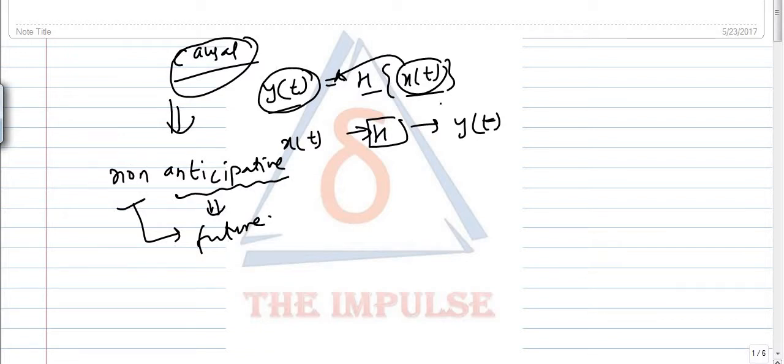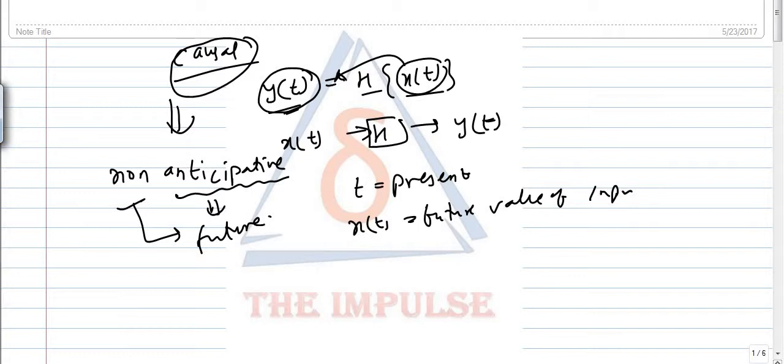Take any present time t. If my output does not depend upon the future value of input, then under that condition the system H, with output y(t), is called a causal system.